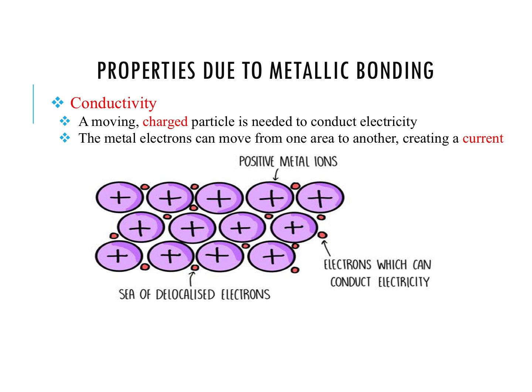Some special properties we get because of metallic bonding start with conductivity. Conductivity is the ability to conduct electricity. For that to happen, you need some charged particle, and we get that because of those electrons. They are charged, and because they're moving from one area to another, they can create a current, so it allows electrical current to flow. Metals are then considered good conductors.